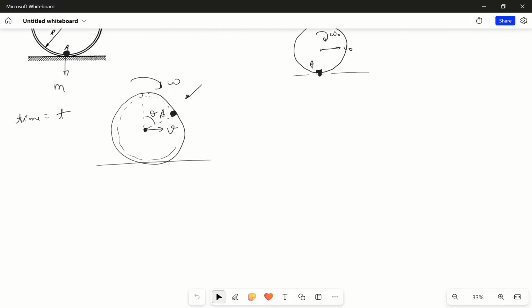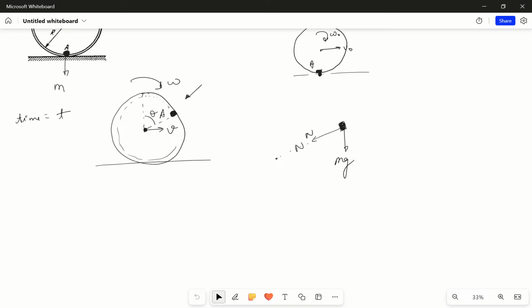If we see only the body, what are the forces acting on this body? First of all, the normal force, which would be towards the center of the ring. Another one would be the gravitational force.